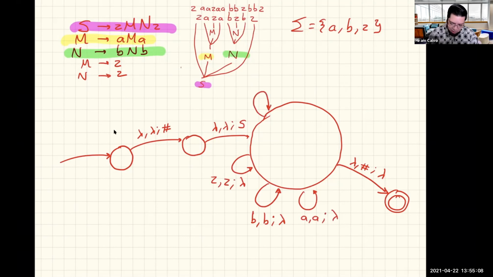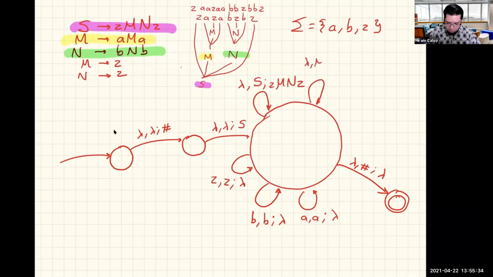And then for each one of the rules, you will add the following arcs. First, here you won't care about the input string. So it's lambda, and then an S is read, and then ZMNZ is written, is pushed into the stack.